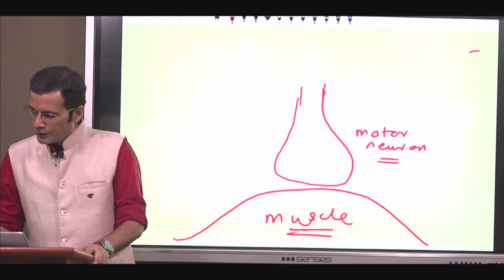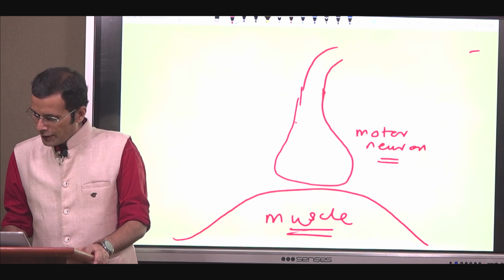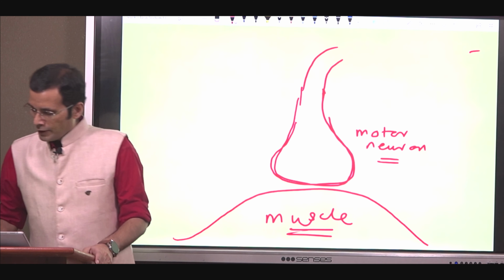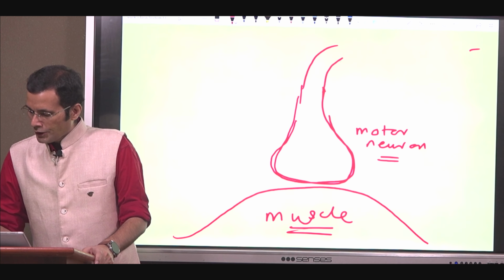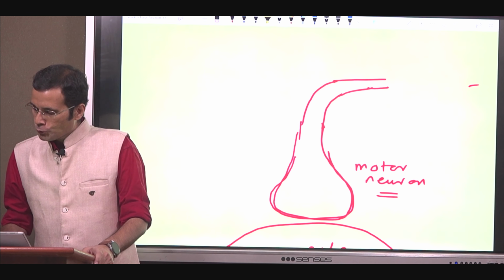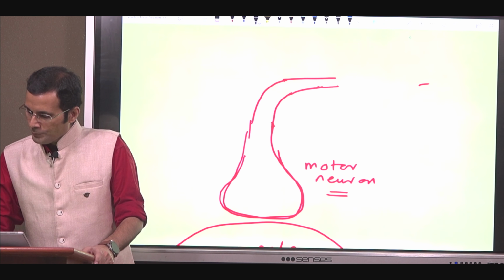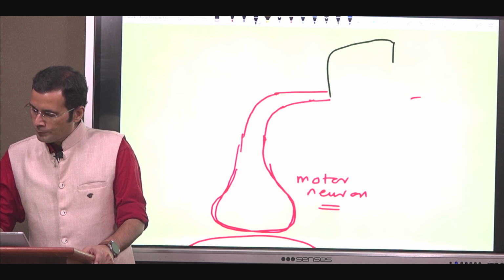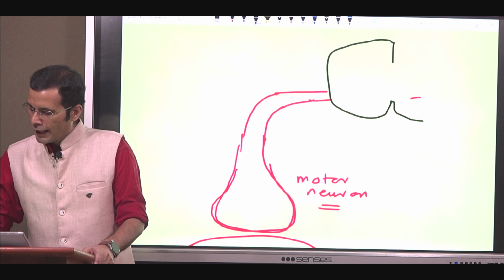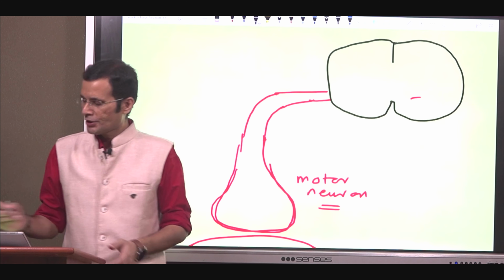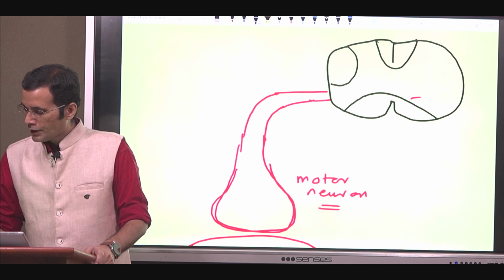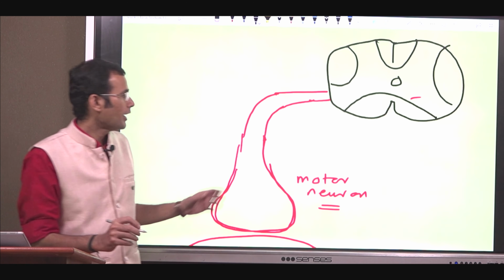So basically, this is the axonal ending which we were referring to some time back. And here is this motor neuron. So let's show the spinal cord and what all things are responsible for this retrograde transport and manifestations of tetanus. Here is the spinal cord.